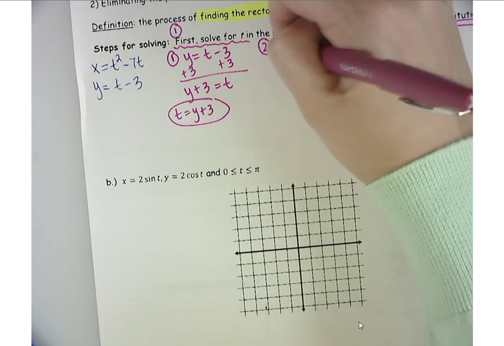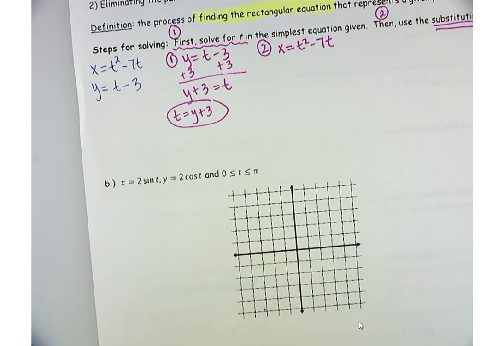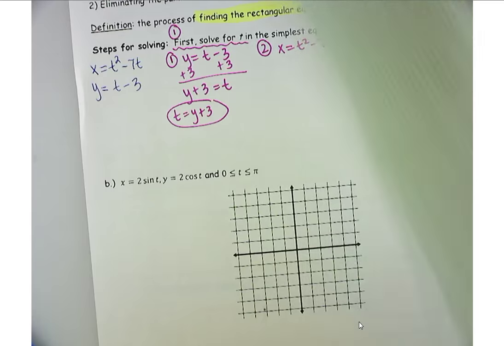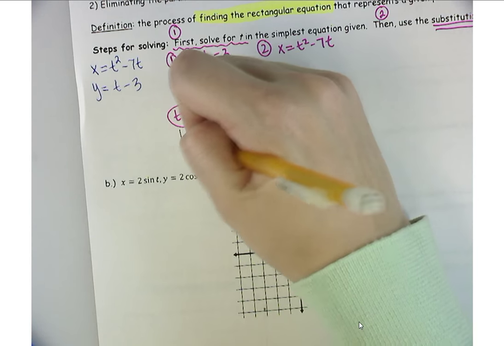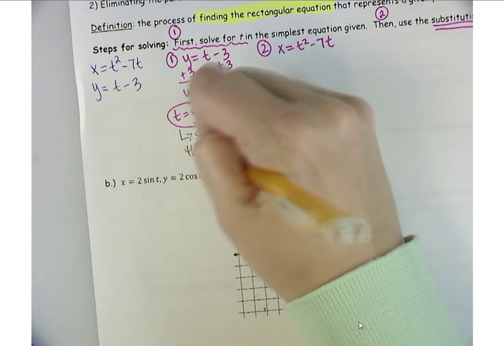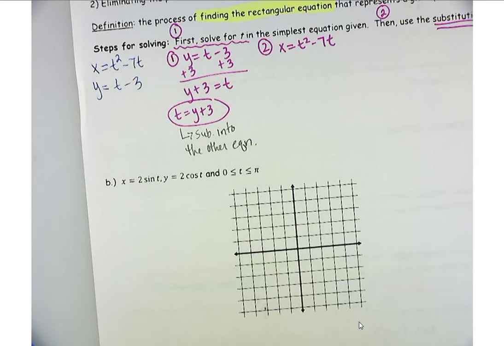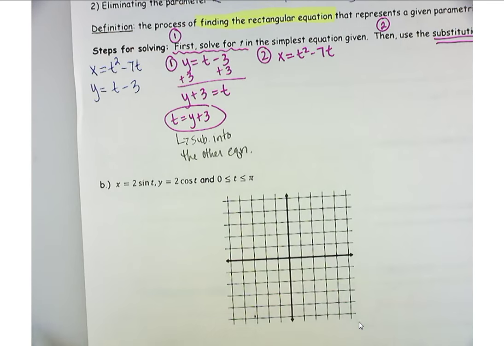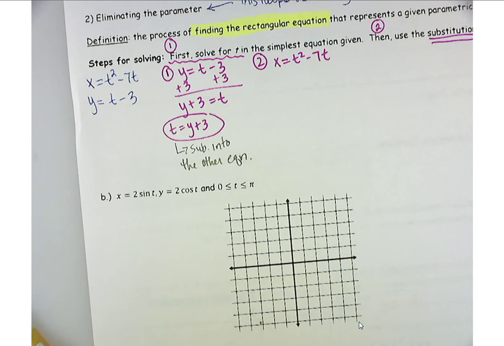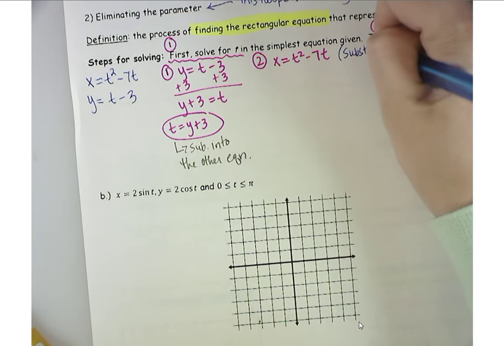So we have x equals t squared minus 7t. So this is what we're going to sub into the other equation. So whichever equation you didn't use for step 1, that's what you're going to use for step 2. Okay, so now we're going to substitute for t.